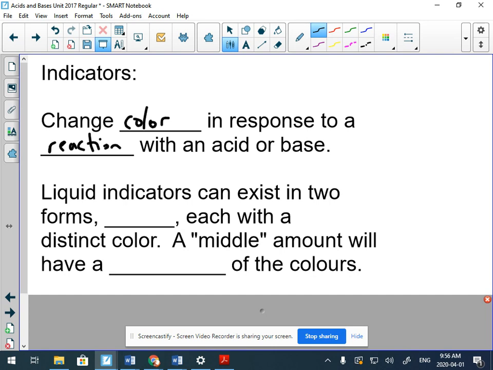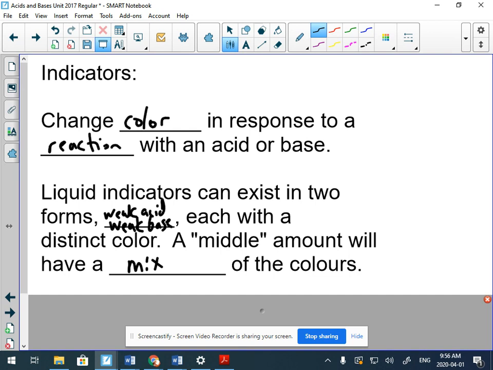Liquid indicators exist in two forms, as a weak acid and weak base, so they're actually a mixture of both. When they change into an acid, they have a specific color, and when they change into more of their base, they have a distinct color. If you have an equal blend of the two, you're going to have a mix of the colors.